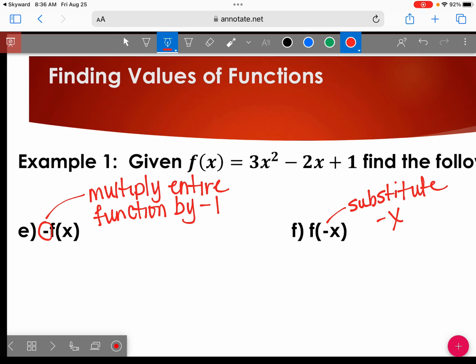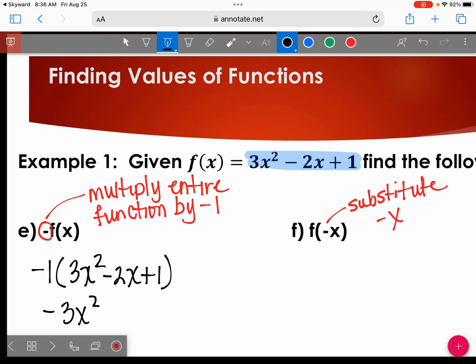That's two different functions. So for part E, all I'm going to do is take my function, which is this right here, and multiply it by negative 1. So negative 1 times 3x squared minus 2x plus 1 gives you a function of negative 3x squared plus 2x minus 1.